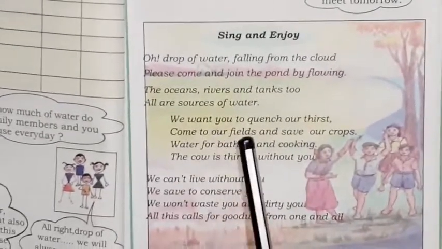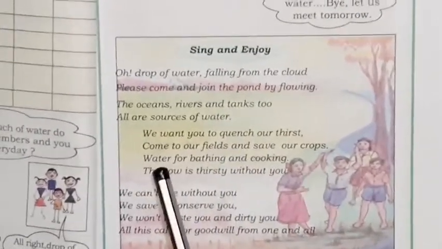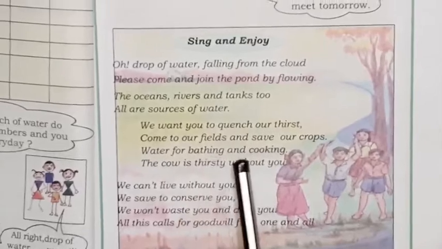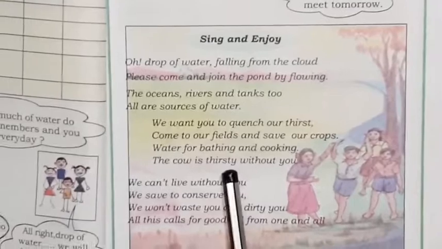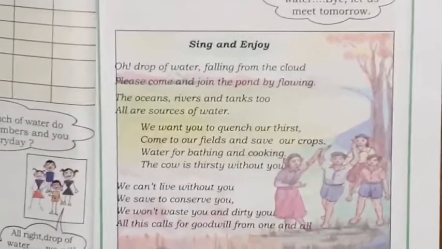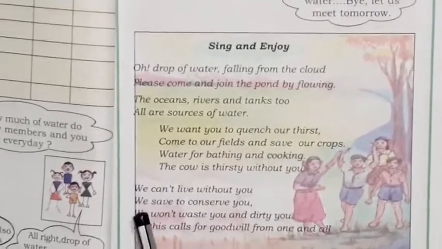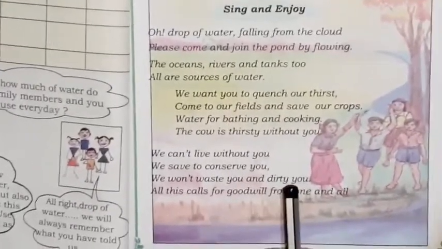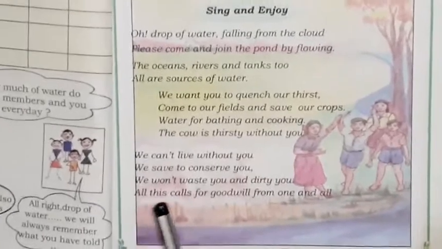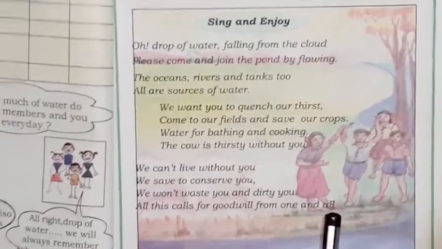Come to our field and save our crops. Water for bathing and cooking. The cow is thirsty without you. We cannot live without you. We save to conserve you. We won't waste you and dirty you. All this calls for goodwill for all and one.